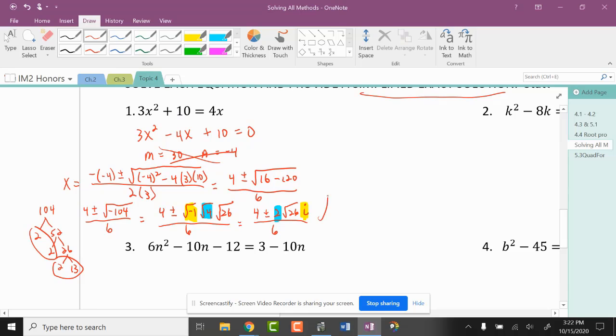Oh, I got space. I don't know what I'm being so stingy with the space for. You can split this up into 2 separate fractions. Or you could skip this step and just understand that 2 goes into all 3 of these. 2 over 3 plus or minus root 26 over 3 i.